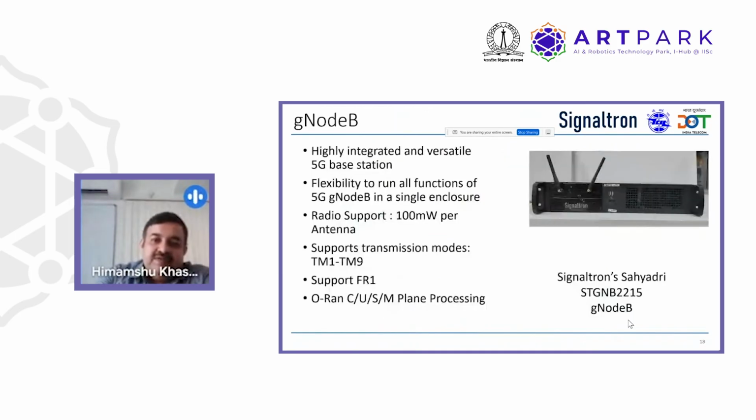This again, of course, features our 5G G-Node B, which is currently sitting there. We have outdoor versions of these also coming up right now, which will be available very soon. This one is in the lab environment.